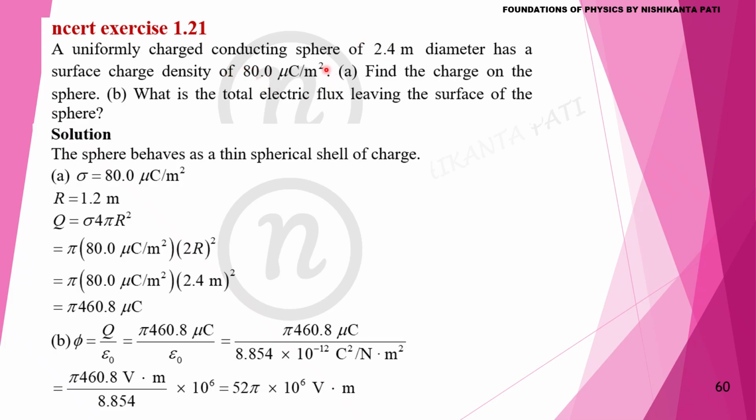This is the surface density, meaning charge per unit area. The conductor area, you know, is 4 pi r square. So the total charge of the conductor is q equal to sigma into 4 pi r square. Flux through the surface is q by epsilon 0.